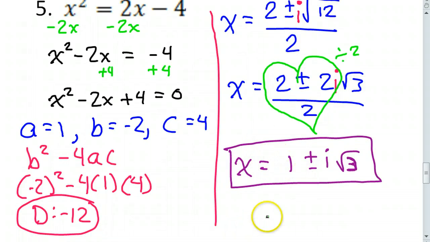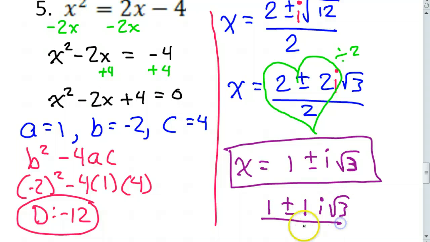For a moment when I divided everything by 2, I had 1 plus or minus 1 i radical 3 over 1. But you don't need a 1 in the denominator, so I erased that, and we don't need a 1 in front of the i. So that's how I got this.